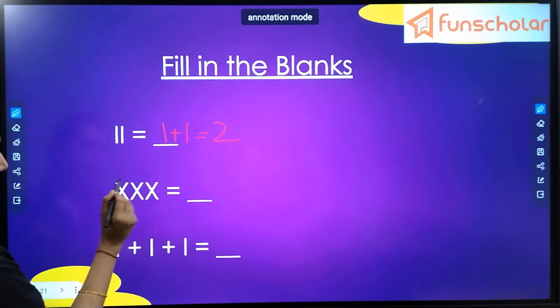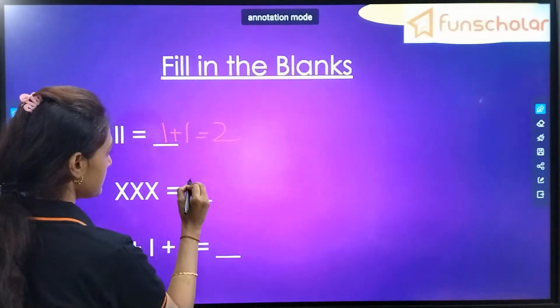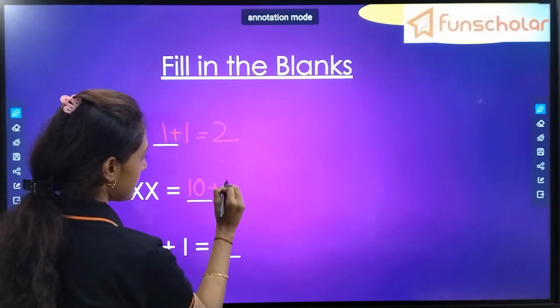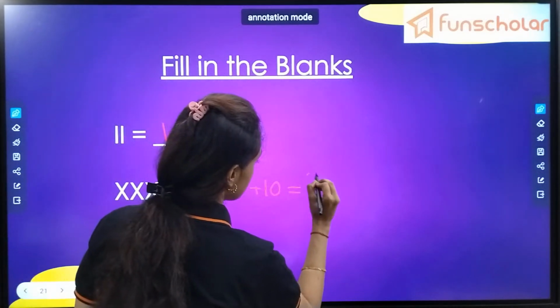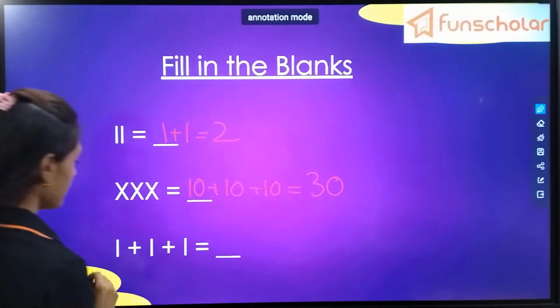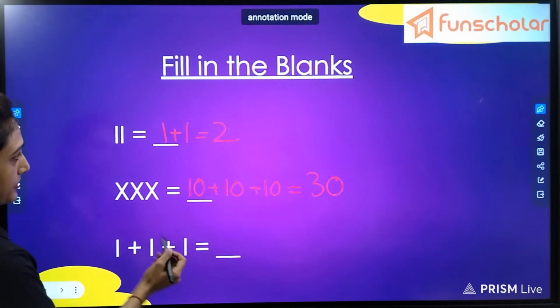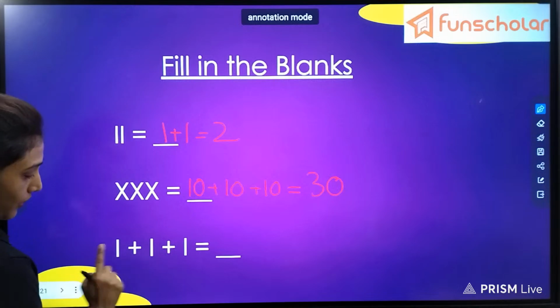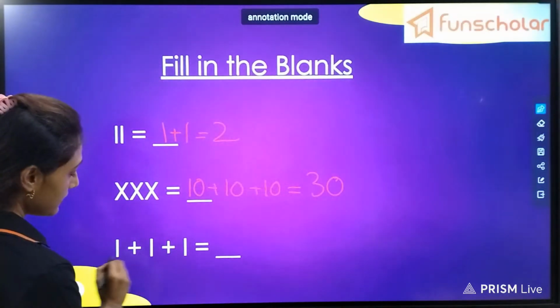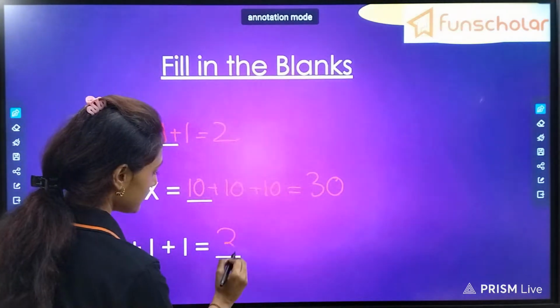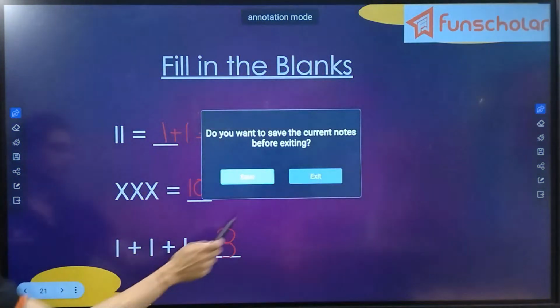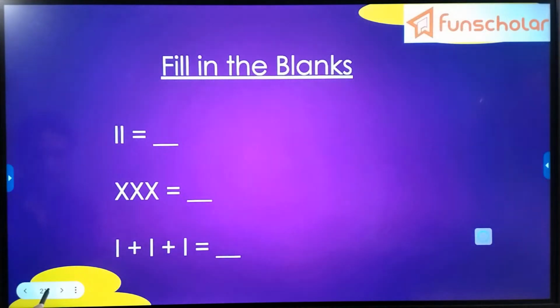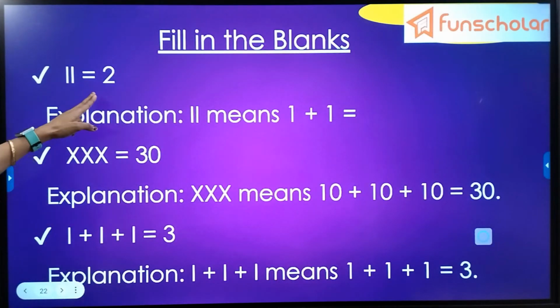There are 3 X's. So 1 X represents 10. Then 3 X will represent 3 tens. That will be 30. Here 1 I represents obviously 1. There are 3 I's, so it will be 3.